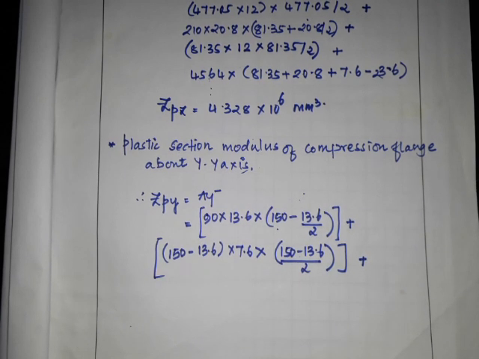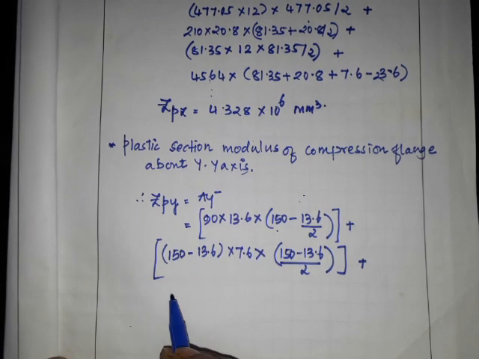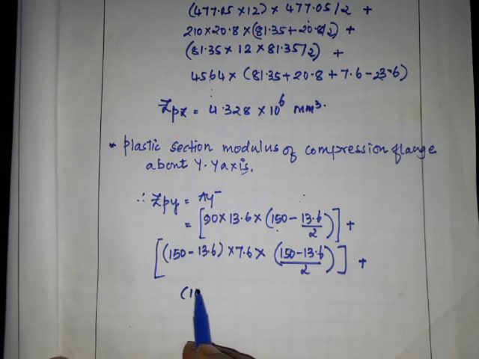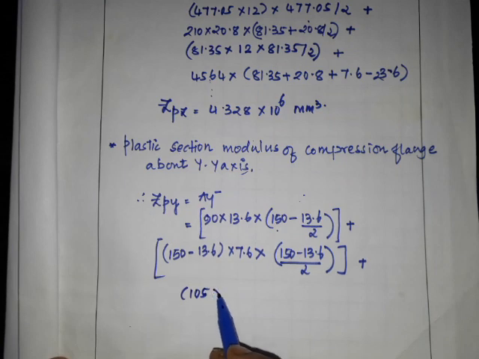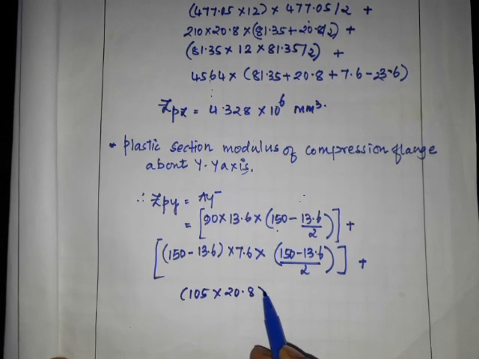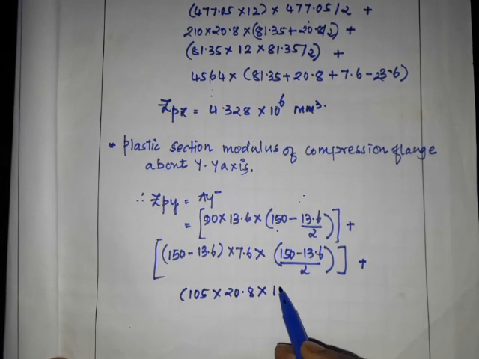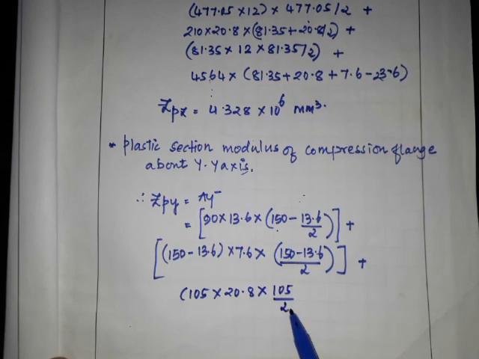Then plus 105 into 20.8 into 105 divided by 2.